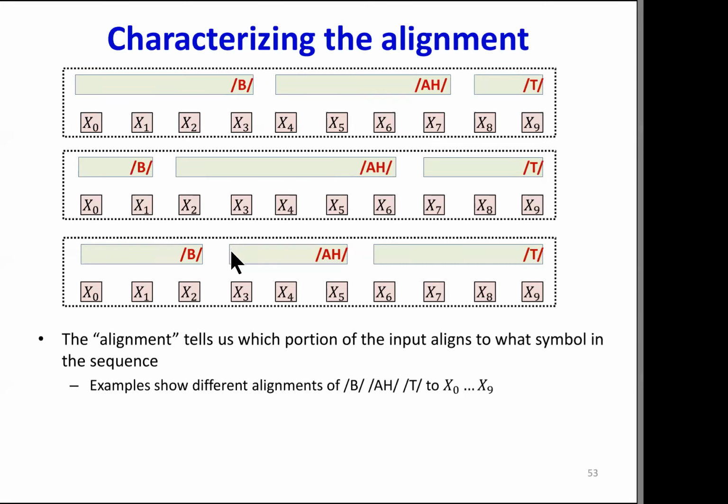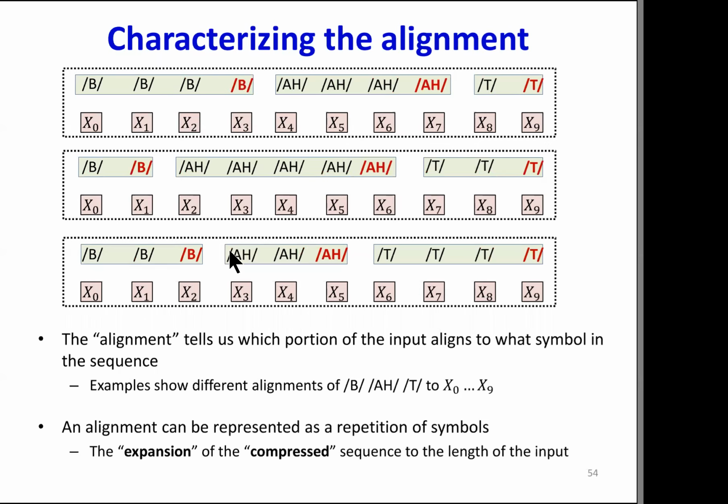So here are different alignments of but to this input of length 10. That basically means that every one of these inputs corresponds to the sound b, every one of these inputs corresponds to the sound a, and every one of these corresponds to the sound t. So these two are the same thing. That makes sense?